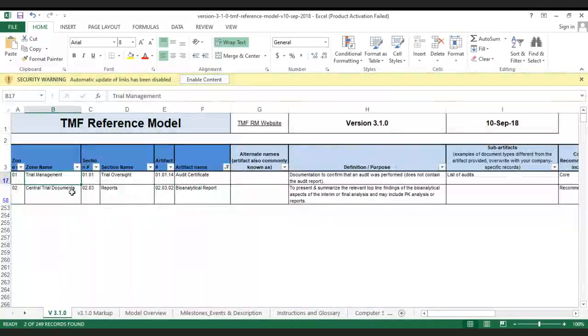Understanding? And then once you identify this bioanalytical report and the central trial documents, then we have to classify into the report, because this is the report. So this is called 2, 3, and then under which artifact, under which document? Under the second number document. So that's why this name is called 232.